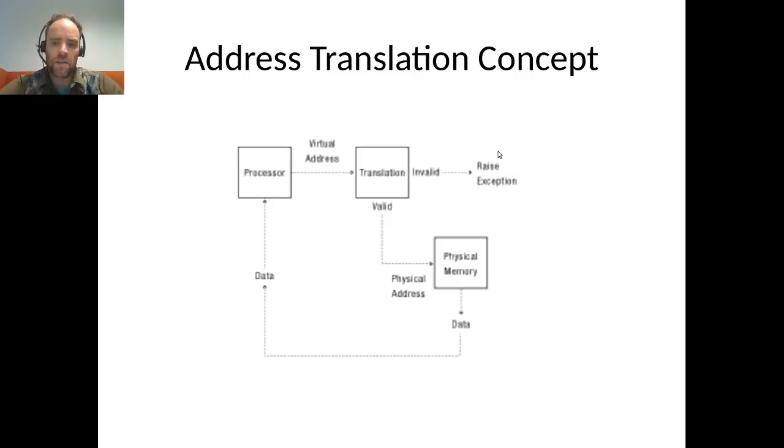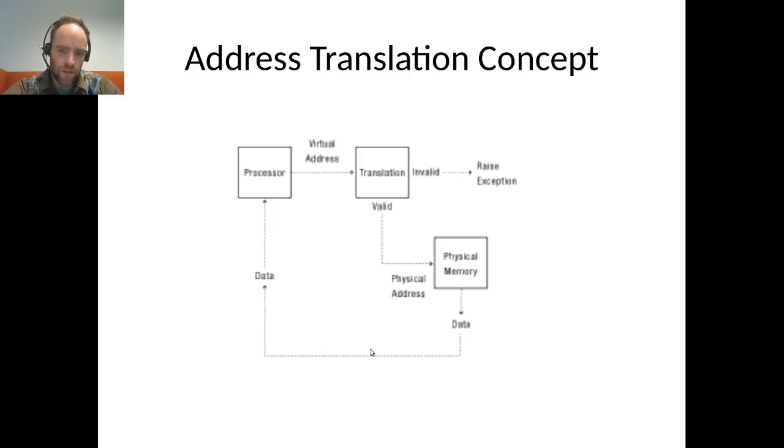So this exception could, as we'll see later in the presentation, trigger a page fault, which would load that part of memory into our address space, and then we could use it afterwards.